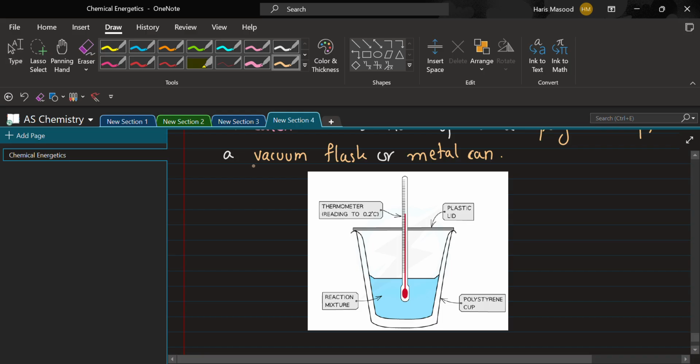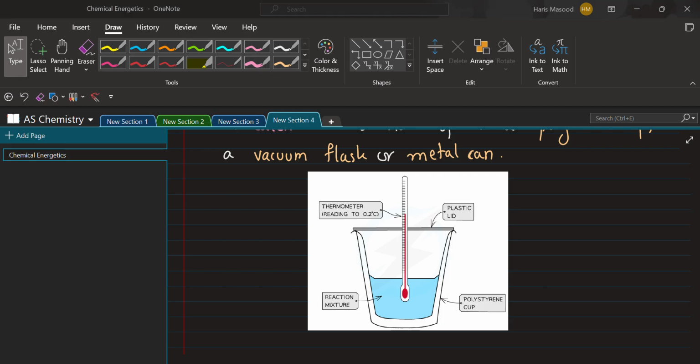Okay, we have a polystyrene cup, then we have added the reaction mixture in it. Then we have a plastic lid on top, and a thermometer is inserted inside the cup. The bulb is within the reaction mixture. This is a basic setup of the calorimeter.